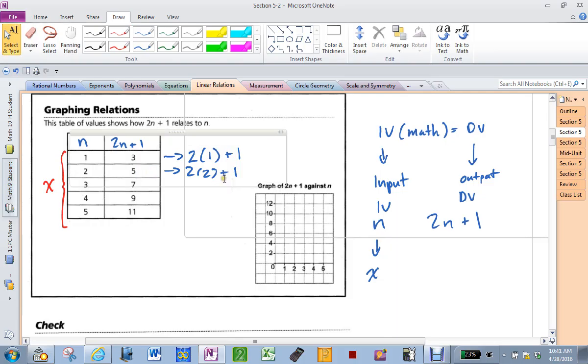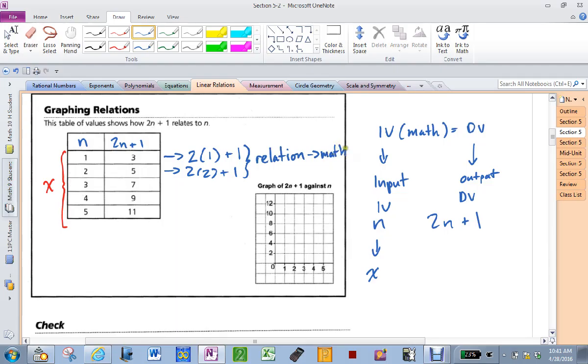The 2 times 2 plus 1 is the relation. Do you understand? This is the relation. It's the math. This is the output. It's the result.